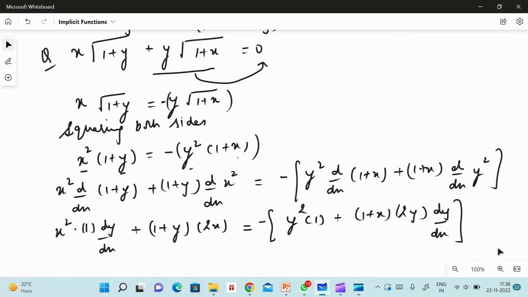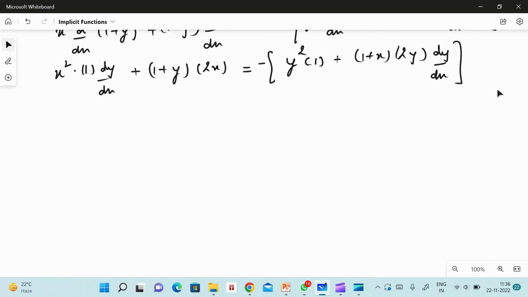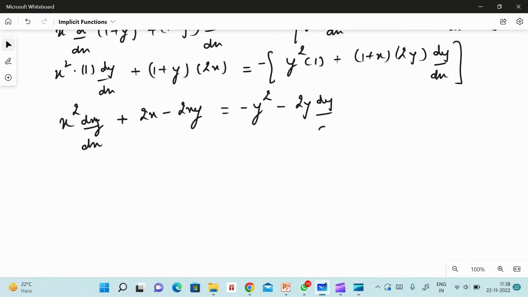Okay, so the next step, what I will get, is x square dy by dx plus 2x plus 2xy is equal to minus y square minus 2y dy by dx minus 2xy dy by dx.